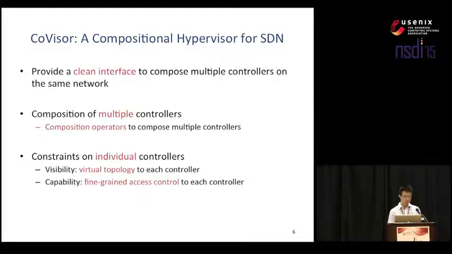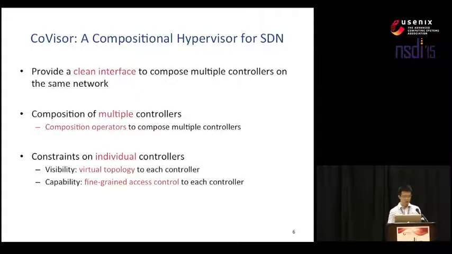And the second part provides constraints on individual controllers. It allows network admins to restrict what each controller can see by providing a virtual topology to each controller, and restrict what each controller can do by imposing fine-grained access control on each controller.